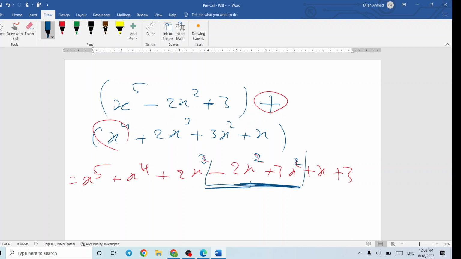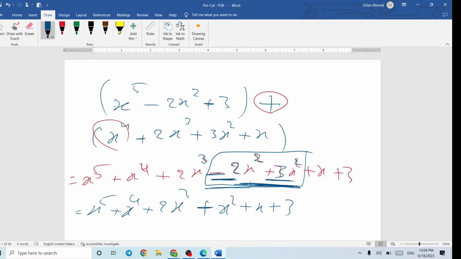So my simplification is just between the x squared terms. Understood? Otherwise, we cannot add them. So we add plus 1, plus 3, minus 2. What will remain? x to the power 5, x to the power 4, 2x cubed, plus x squared, plus x plus 3. Am I right, dears? Clear?